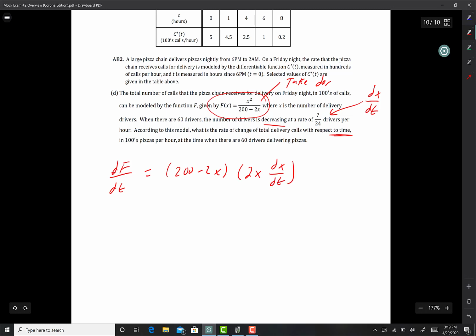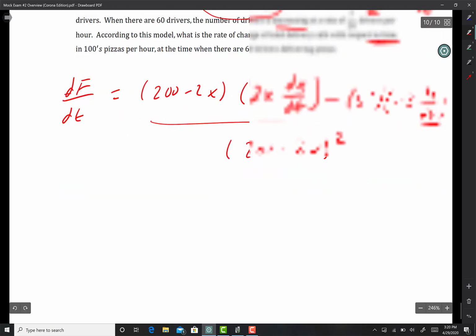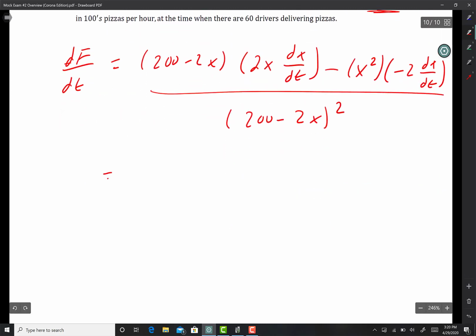We're taking the derivative with respect to time, guys. Minus the top, x squared, times 100, to the bottom, negative 2 dx/dt, all over bottom squared. I wouldn't even bother. Well, I guess you could simplify, but I'm not going to do that.